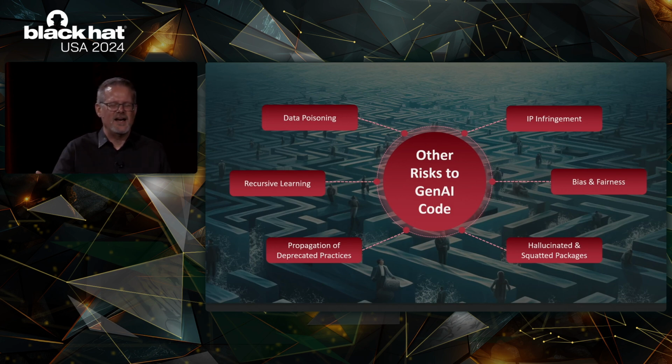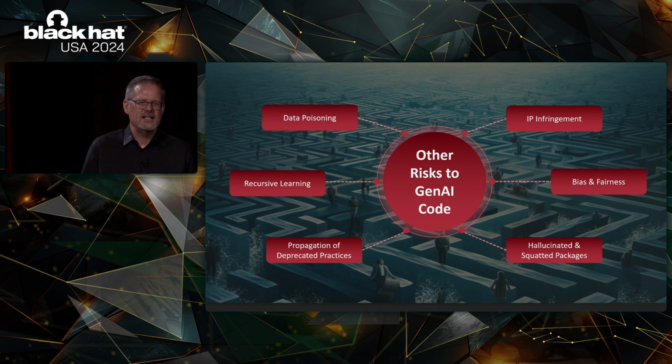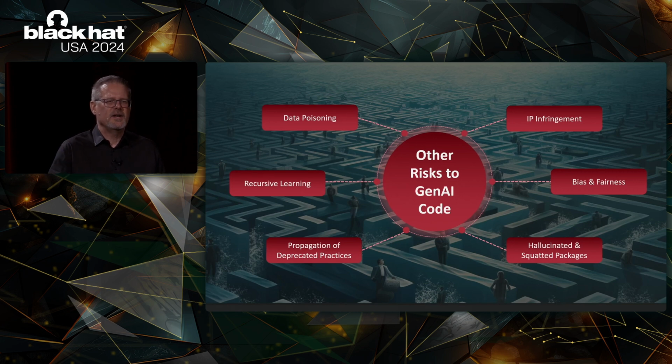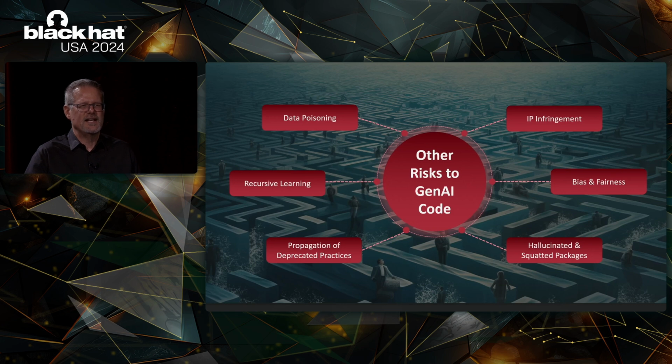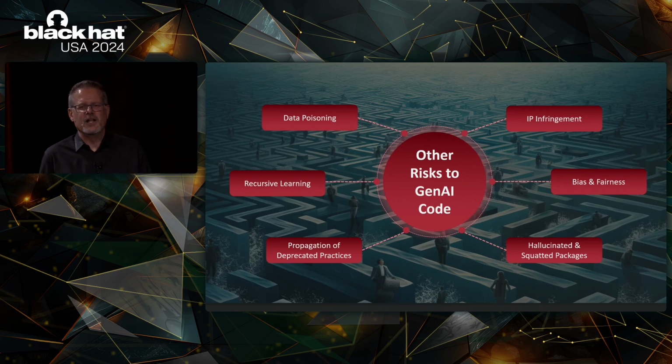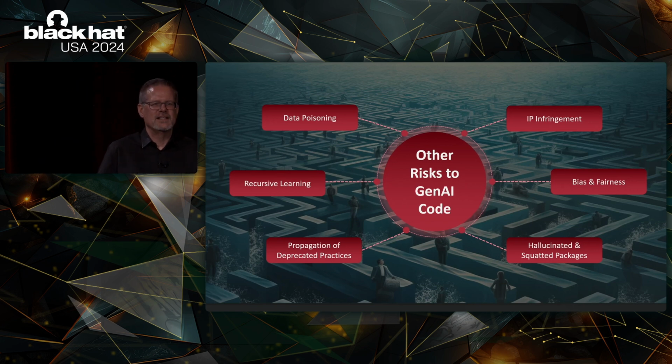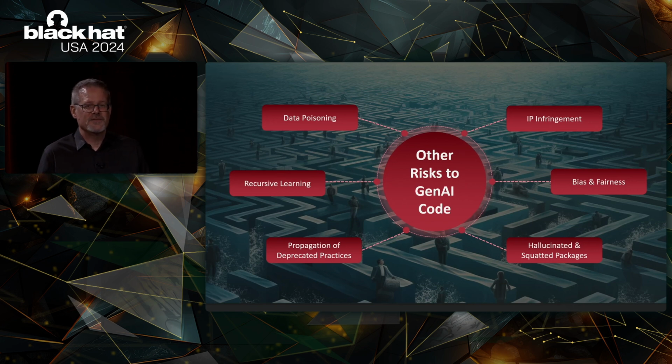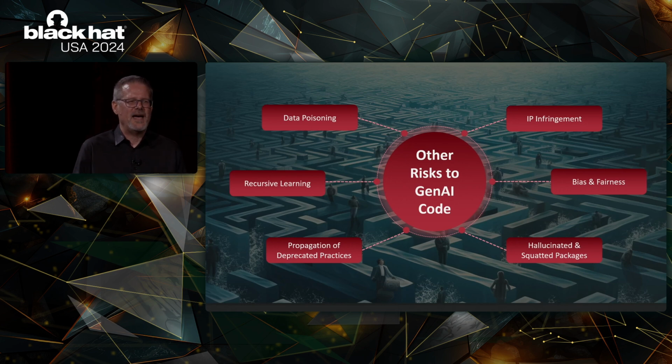There was a famous case about a year ago where a lawyer was kicked off of a case because he submitted a brief to the judge that contained a court case precedent that didn't exist, because the tool he used hallucinated a court case, and he used that as precedent. Very similar to the idea of a hallucinated package, right? And it would be all well and good if the developer would go and validate that package, and that package didn't really exist, right? The problem is, what if attackers squat on those package names, right?